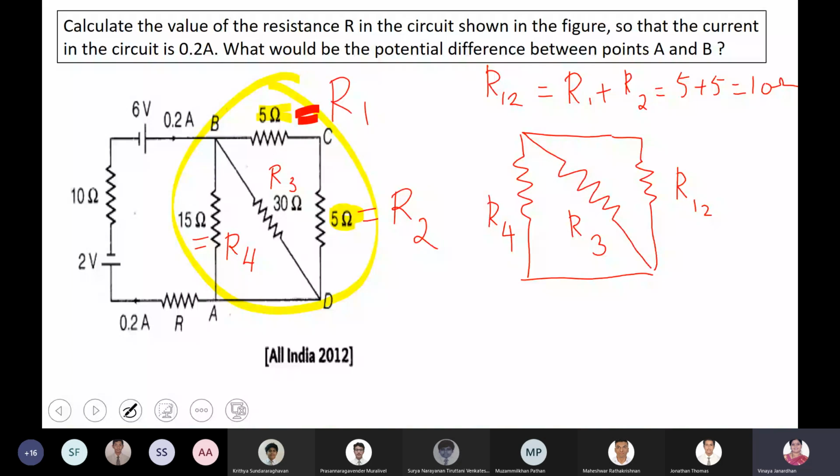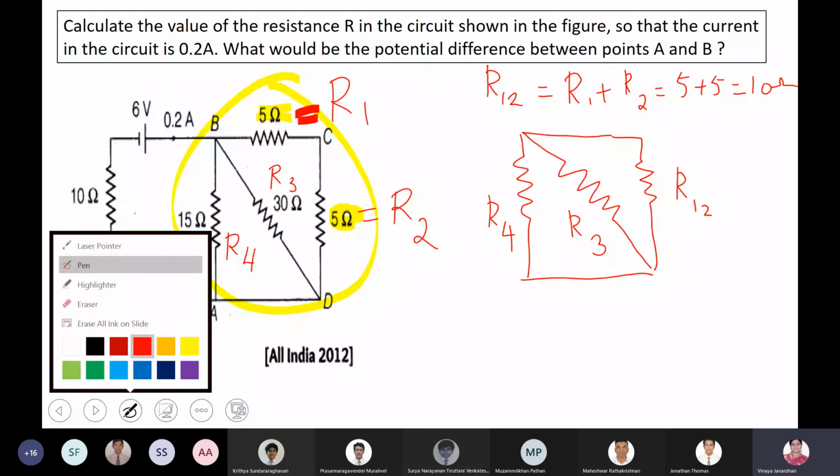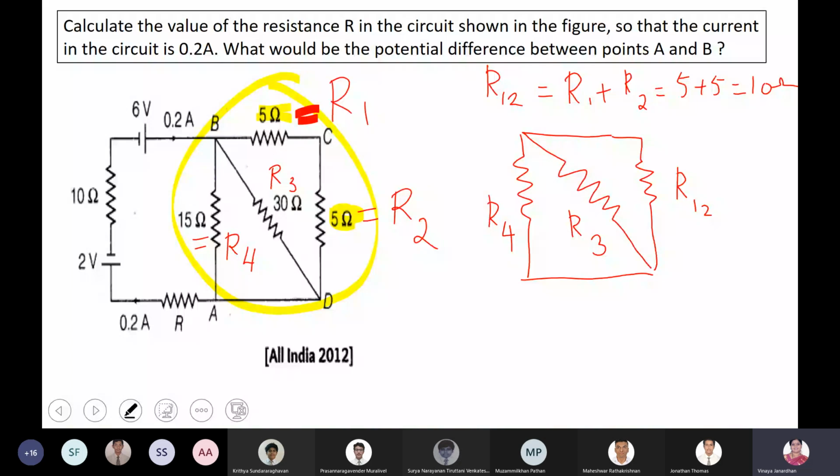Parallel. Why parallel? Look at one end of R12, one end of R3, and one end of R4. Boys, I have marked a red joint. At this red joint, one end of R12, one end of R3, and one end of R4 are directly connected.